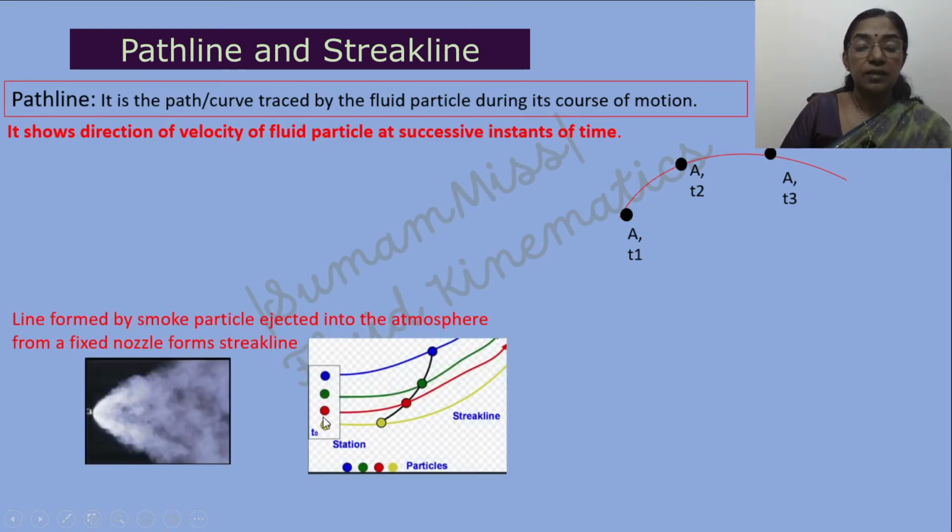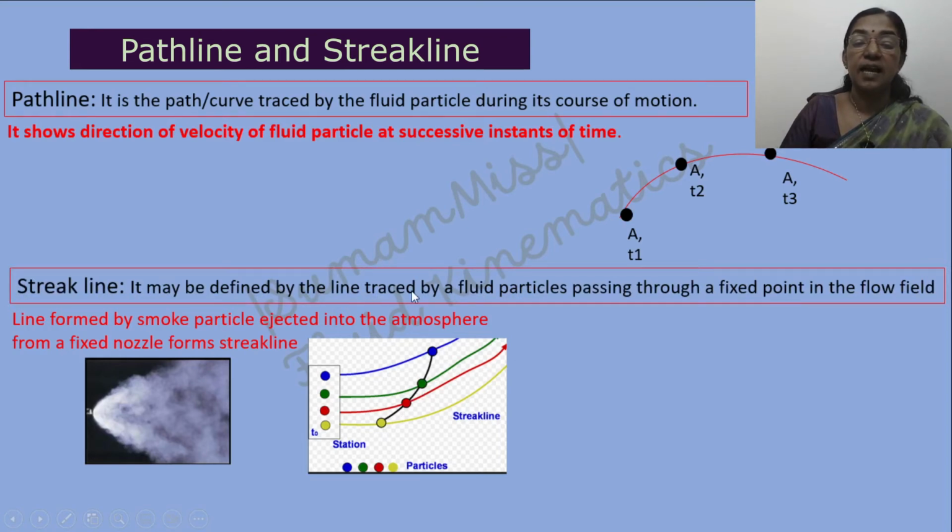Suppose these colors represent the initial positions of the fluid particles, or this is the station point from where we are ejecting the dye or smoke. After some time t, these four fluid particles will occupy these positions. If you join these particles by means of a line, it represents the streakline, which is defined as the line traced by the fluid particles passing through a fixed point in the flow field.